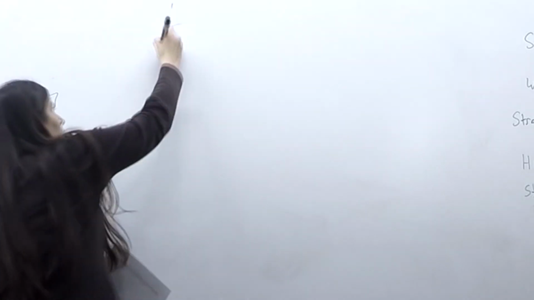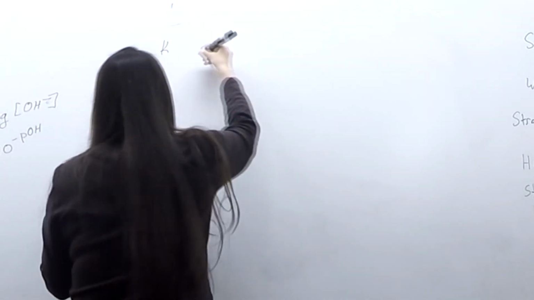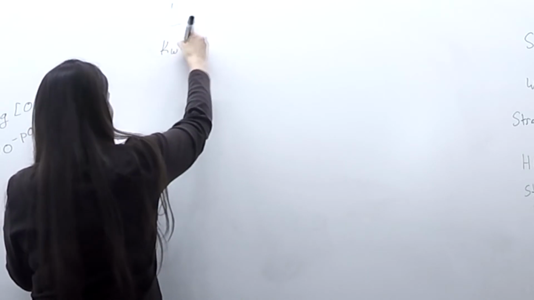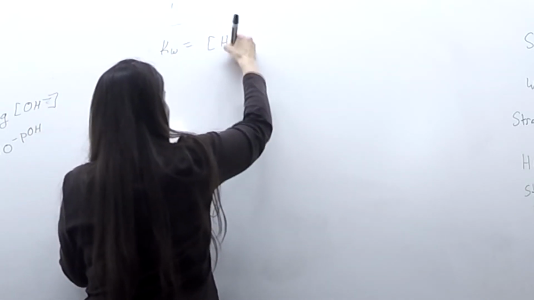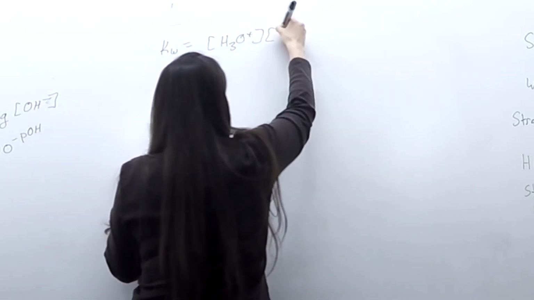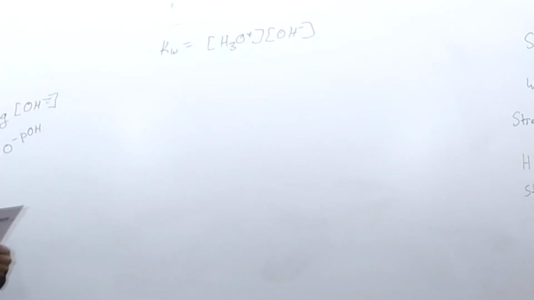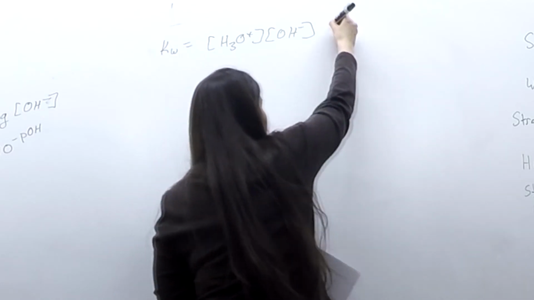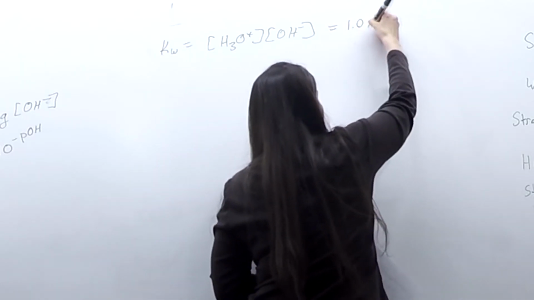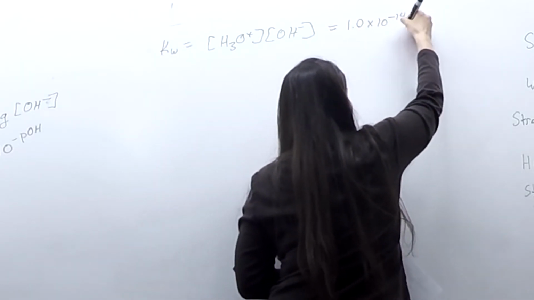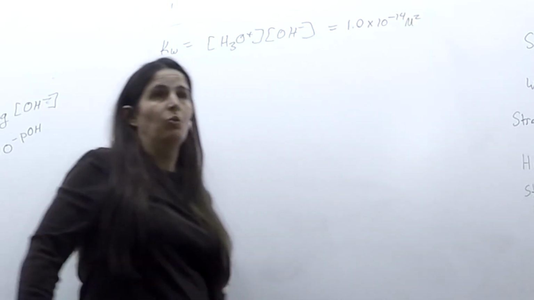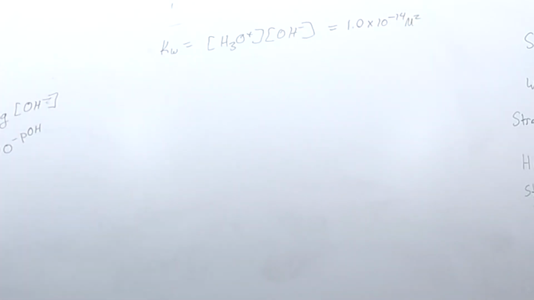And that's going to come back to our ion product constant for water. Because this is the easiest way to relate those two together, correct? Because we know the product of those two is 1 times 10 to the minus 14.